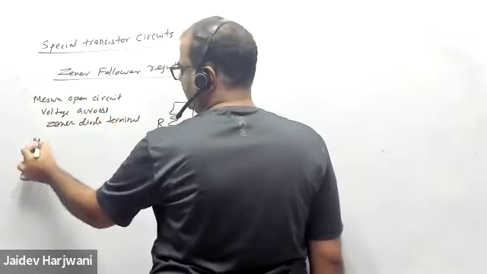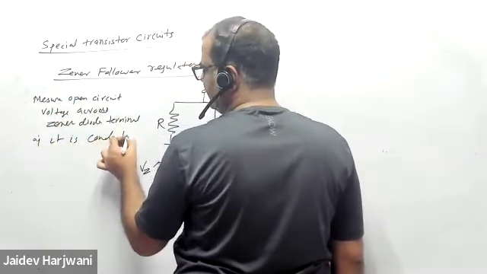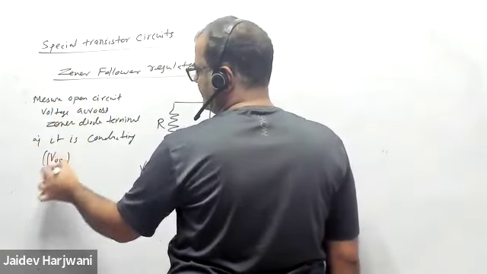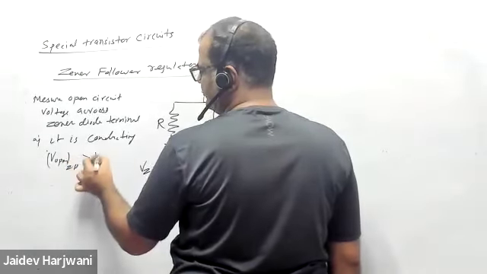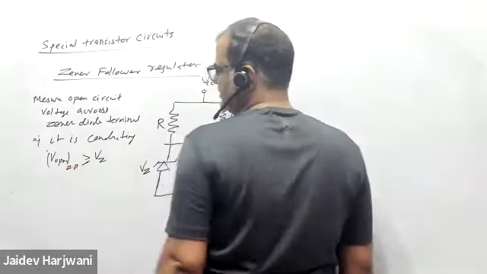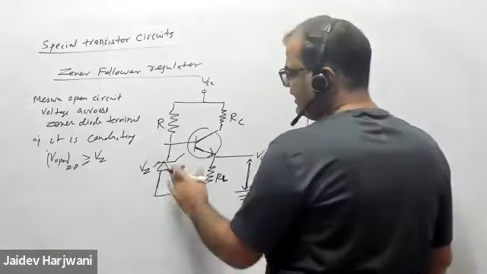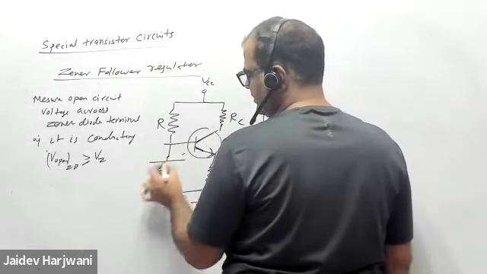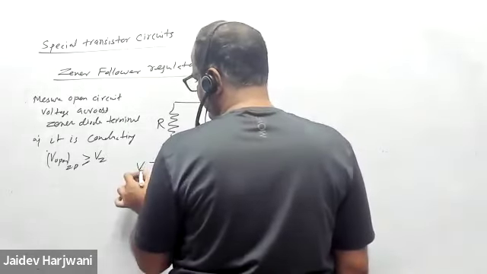If it is conducting, it means the open circuit voltage across the Zener diode is greater than or equal to VZ. Then I can replace the Zener diode by a battery of VZ.